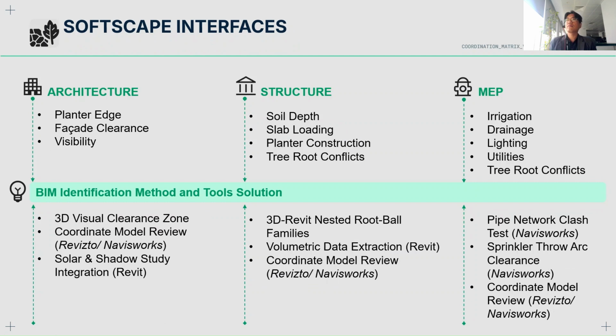With softscape, we have to check the planting, facade clearance, and visibility for coordination with the architects. We're going to use 3D visual clearance zones, checked in the federated model by Navisworks and Revit. We can also do some solar and shadow study integrations in Revit. We can use software like Revit to do the solar and shadow study.